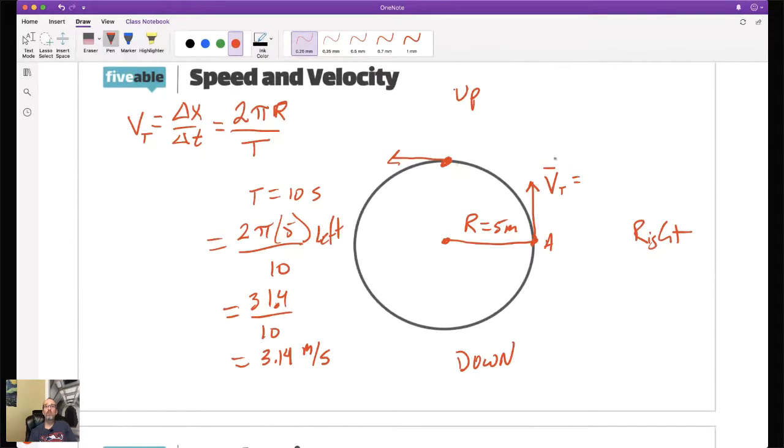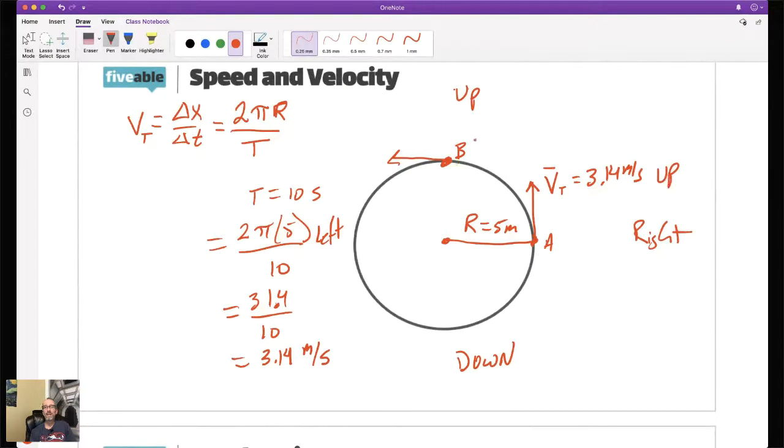The question is, what is my tangential velocity? Well, it would be 3.14 meters per second, but then I need a direction. So what direction am I moving if I'm at A? So which direction am I moving? Yes, that's correct. I am moving up. So this would be 3.14 meters per second up, and that's what gives it the velocity.